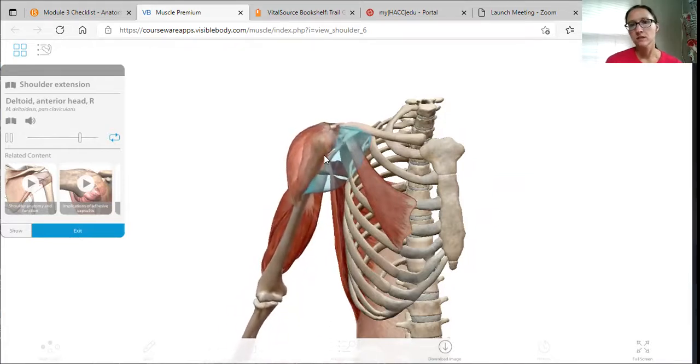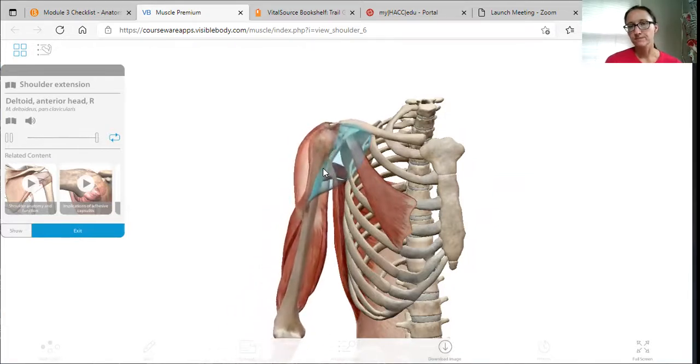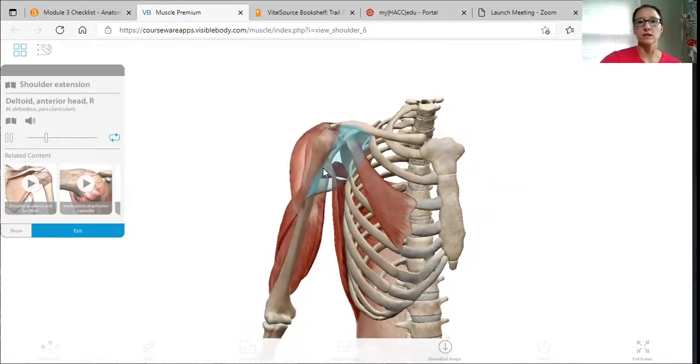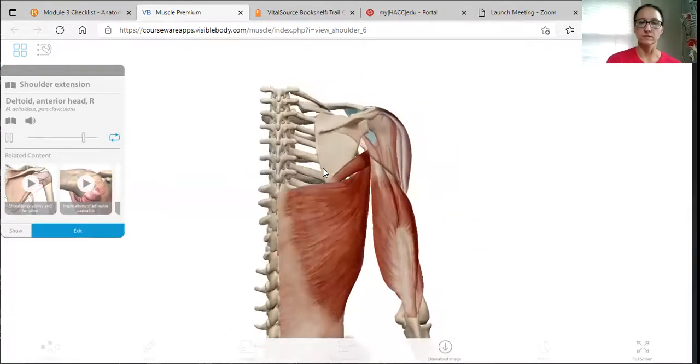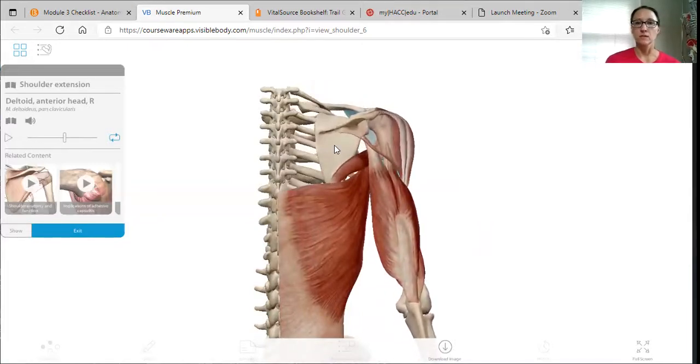It's hard to see, but it's right there. All right, let's swing him back around a little bit. And you can see shoulder extension. Okay. Adduction is not hard to visualize because you're just simply bringing this closer to the spine or closer to the midline. So you are adding to the body.